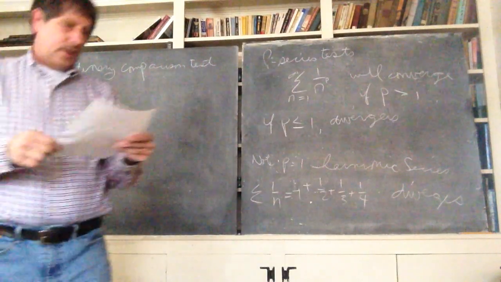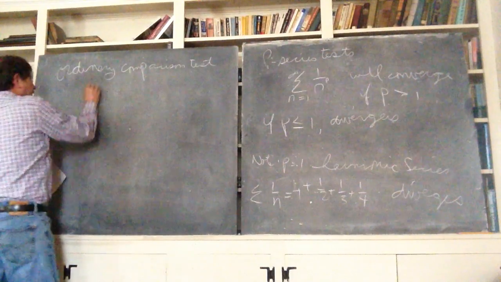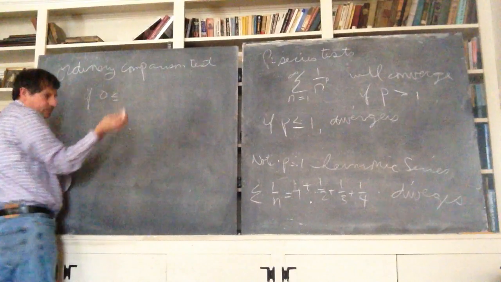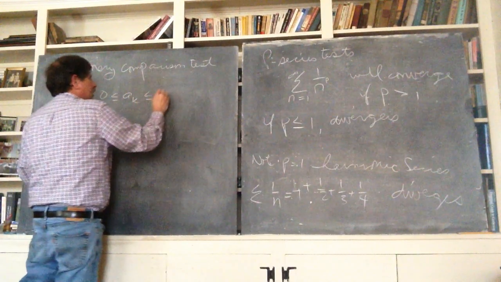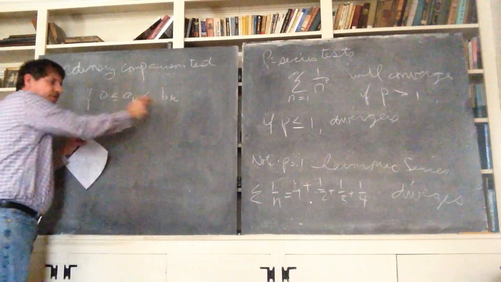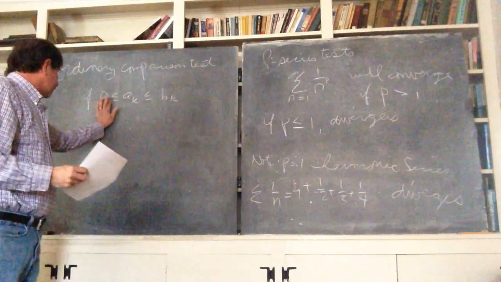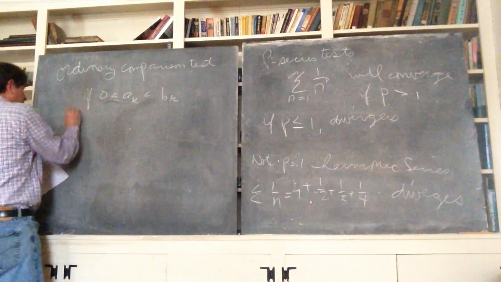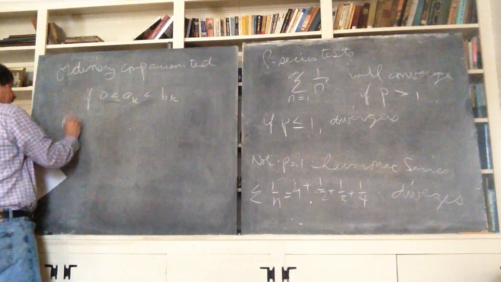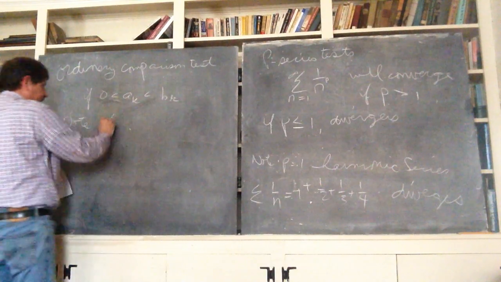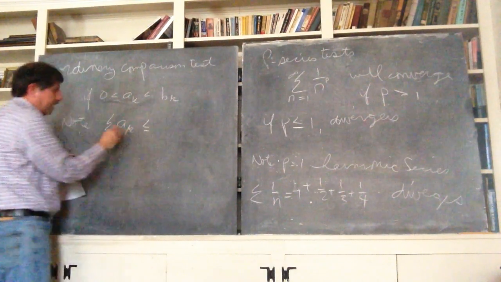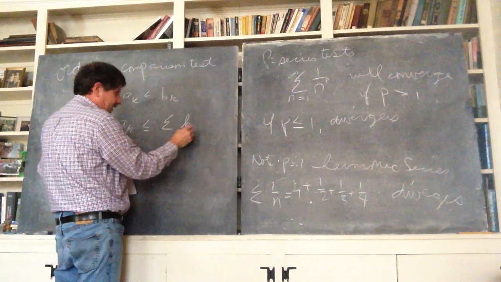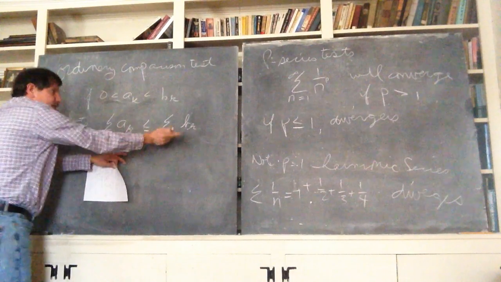If you have a series in which one part of the sequence is always less than the other, then note, if this is the case, the sum of the series a sub k is less than the sum of the series b sub k. The lesser series, the greater series.